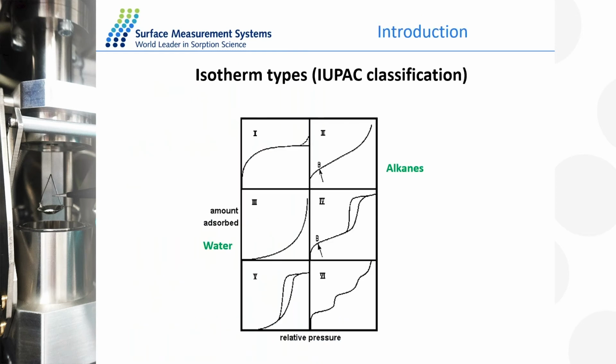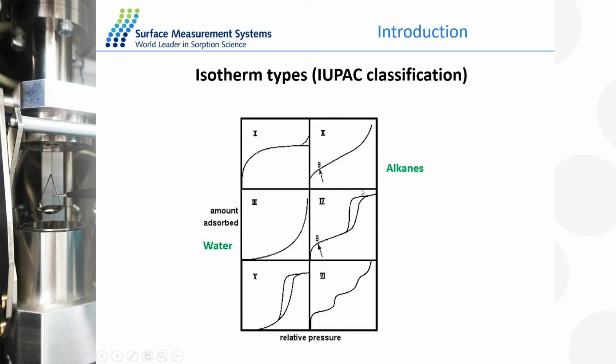So first of all, from the classifications, there are 6 types of sorption isotherms based on different sorption mechanism. The type 1 isotherm is typical for some microporous material that has relatively small external surface areas, for example, some active carbon, zeolites, or some MOFs material. For type 1 isotherm, the limiting uptake is more dependent on the accessible micropore volume rather than the internal surface area.